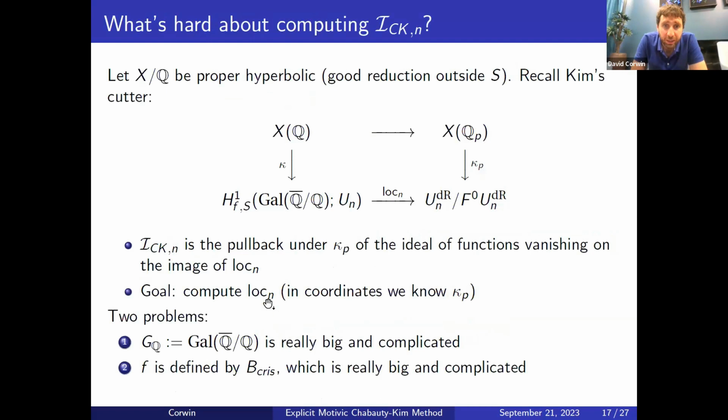So in some ways, if we go back to Kim's cutter, the Chabauty-Kim diagram, this essentially gives us a way of putting coordinates on the lower left object. But we want to understand not just the lower left object, but the map loc_n. Okay, that's also important.